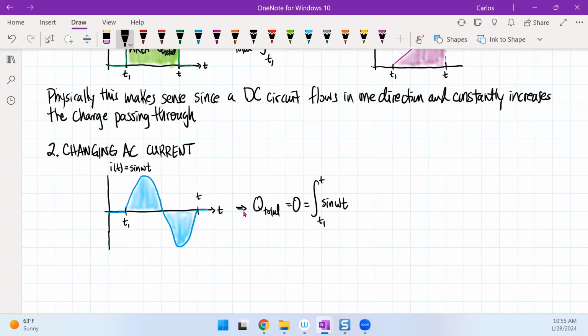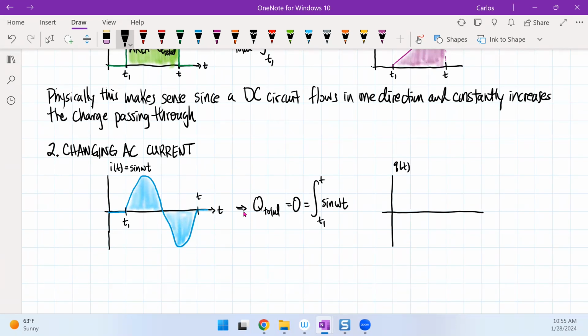So then, of course, if we look at how current is passing through, that amount of current over a period then says that it's going to be somewhat what? How would we say this?